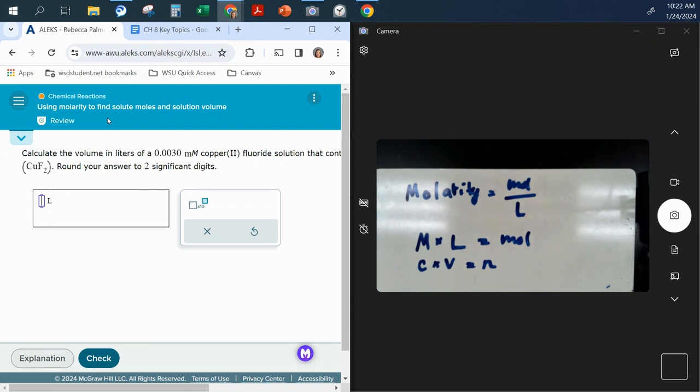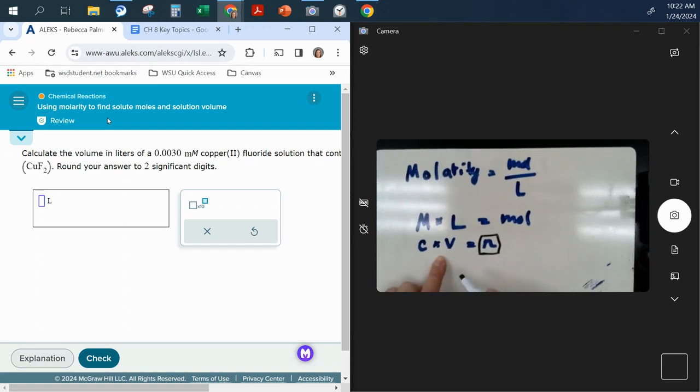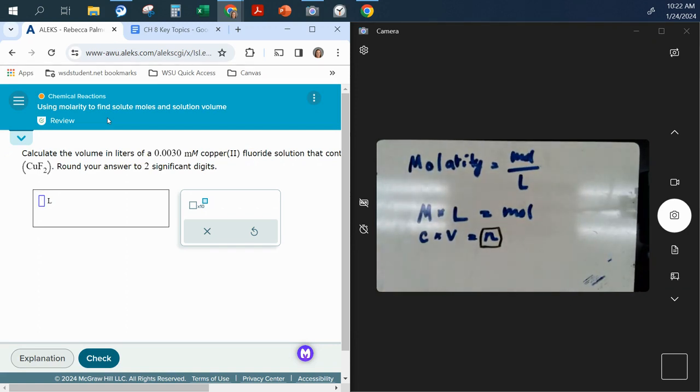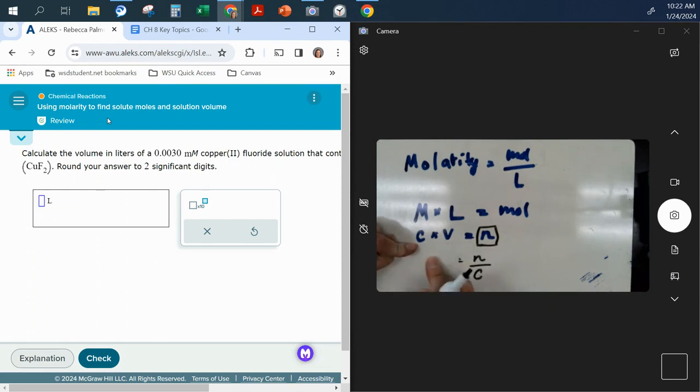Okay, so this would be if we're looking for moles. This is how we would set this up. If we need liters, then we can rearrange either of these. So, for example, if we're looking for liters, volume, we can just divide both sides by concentration. So volume is moles divided by concentration.